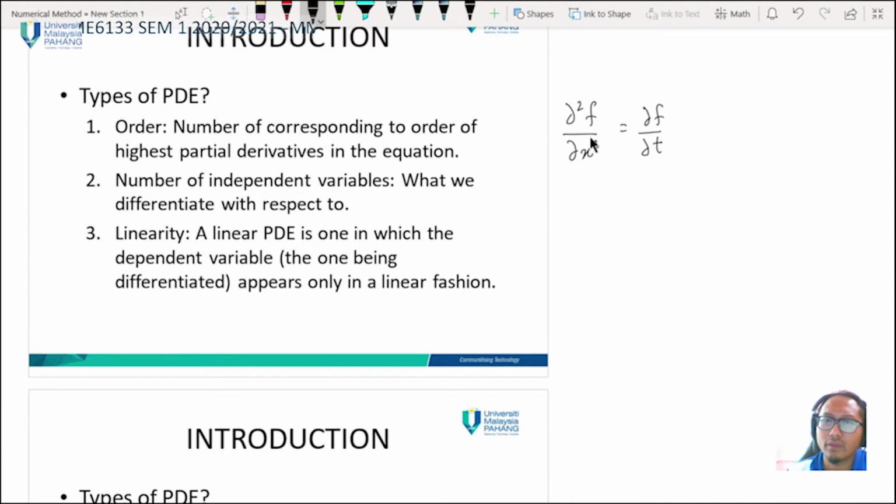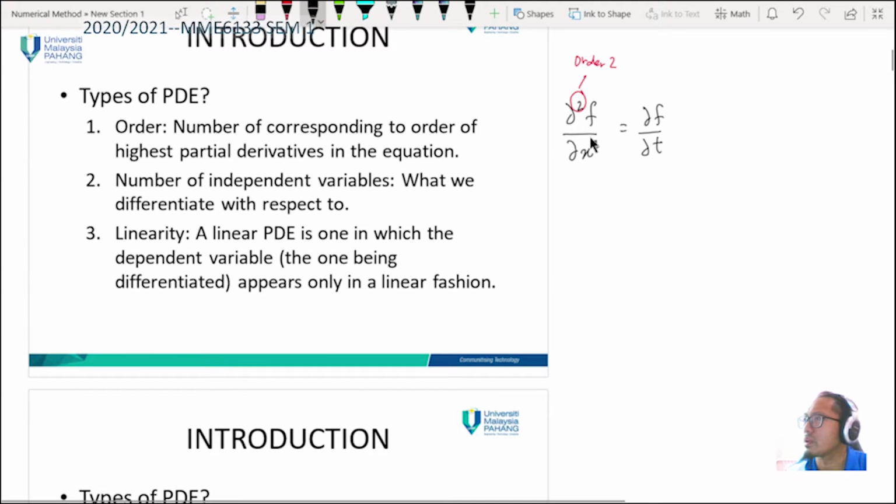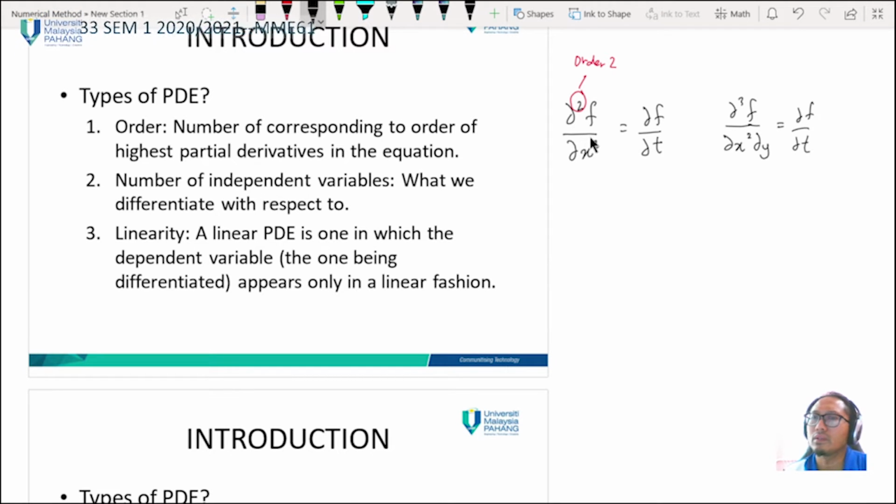The highest order for this PDE would be 2. Similarly, if we have another PDE with d³f, although we have different variables here, we can still see that the highest order for this PDE would be 3.